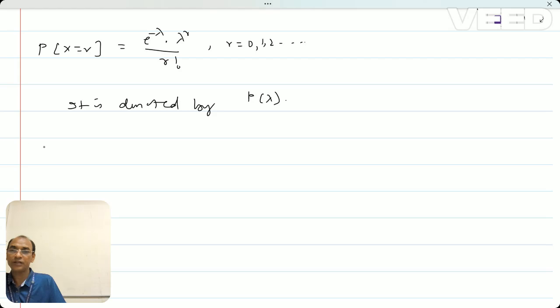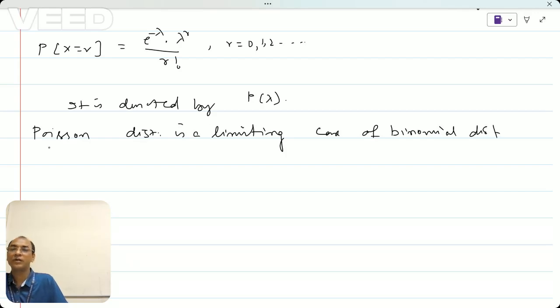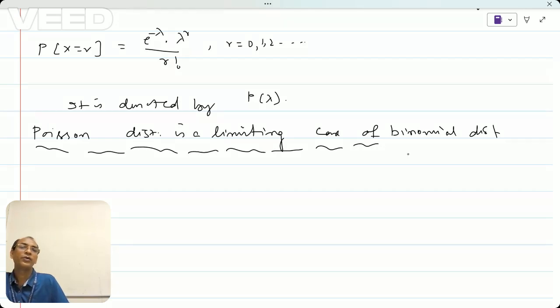So how can we derive the Poisson distribution from the binomial distribution?